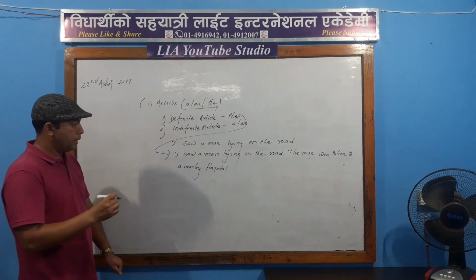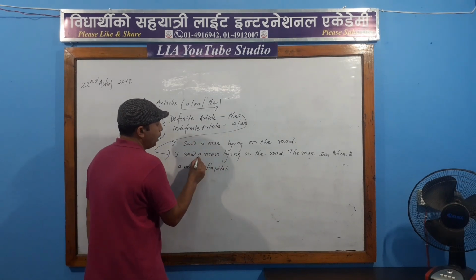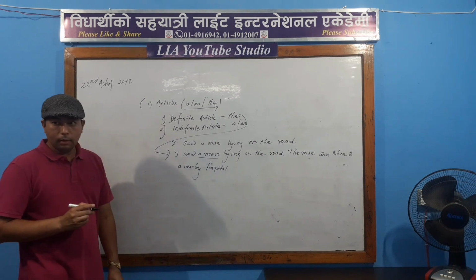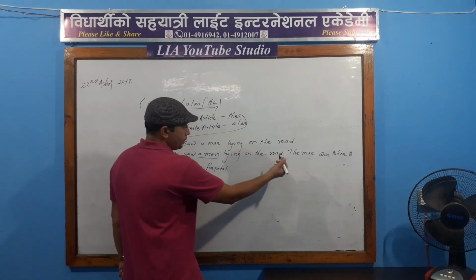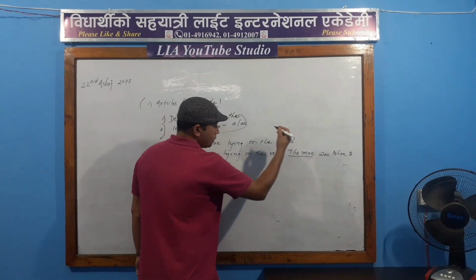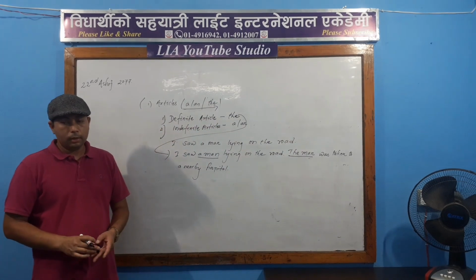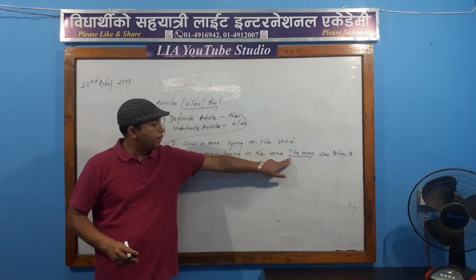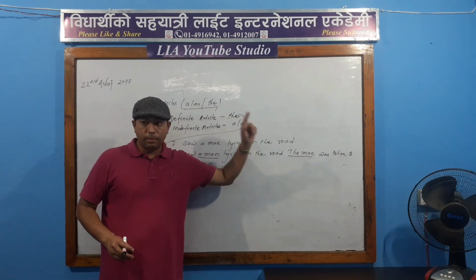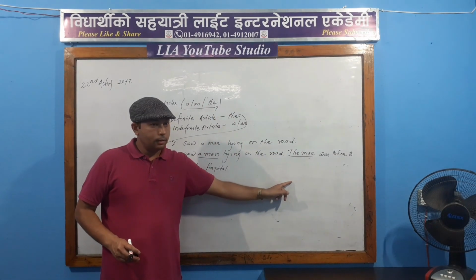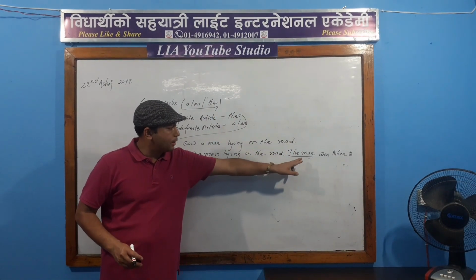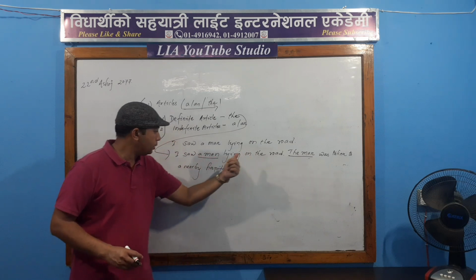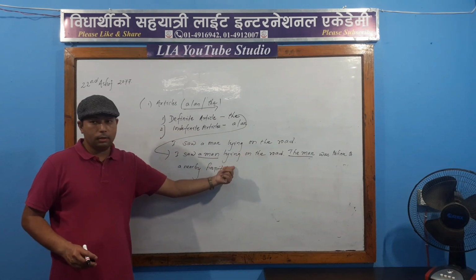Now look here. I have used a man in the first sentence, and in the second sentence I have used the man. Why have I used the man? To specify. It is the definite man. Which man? The same man who was lying on the road.